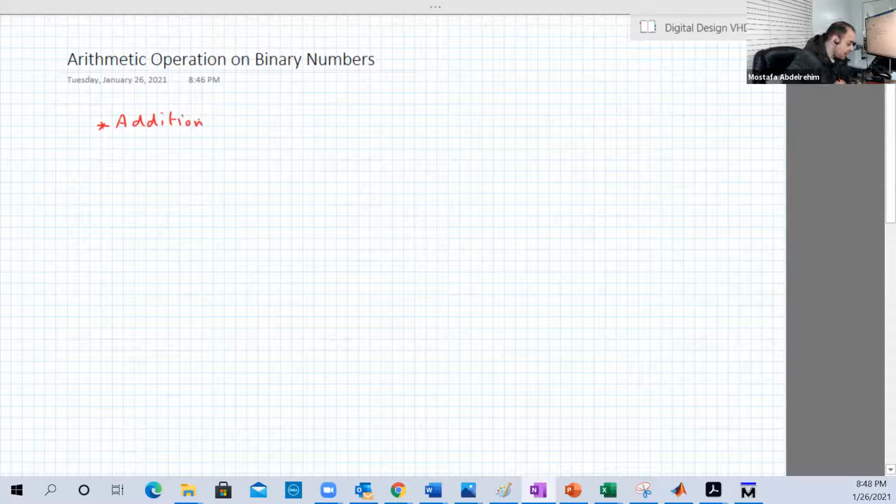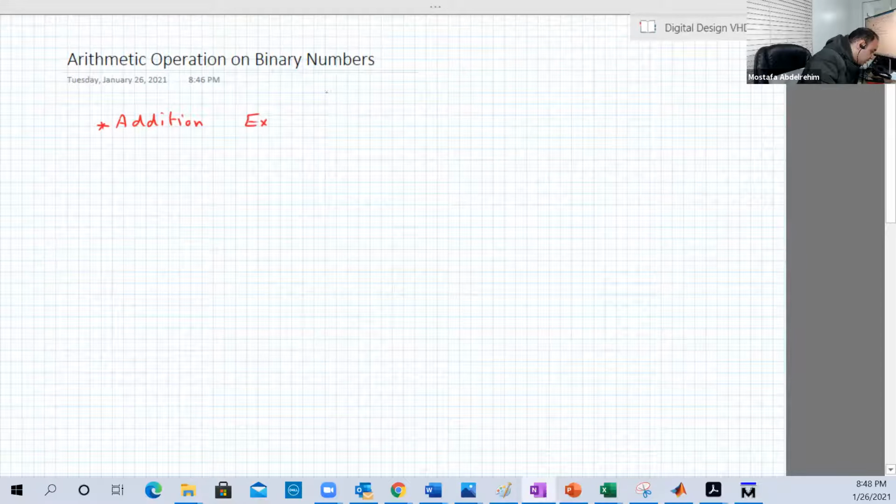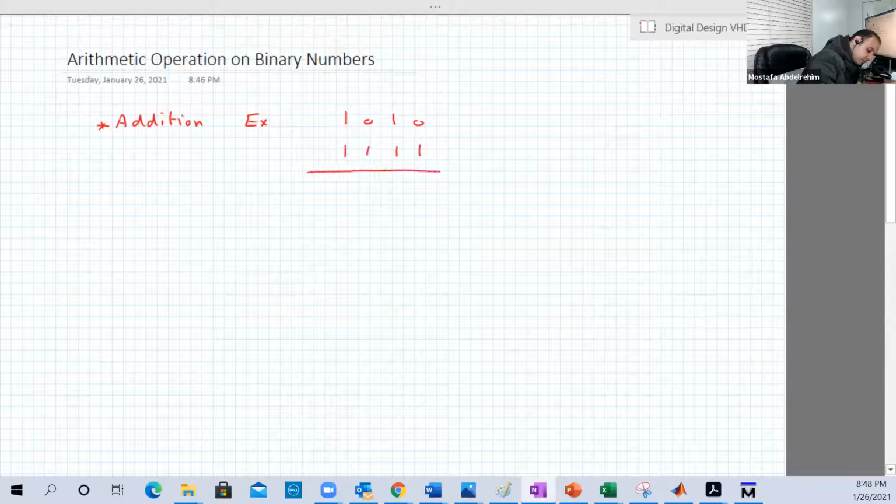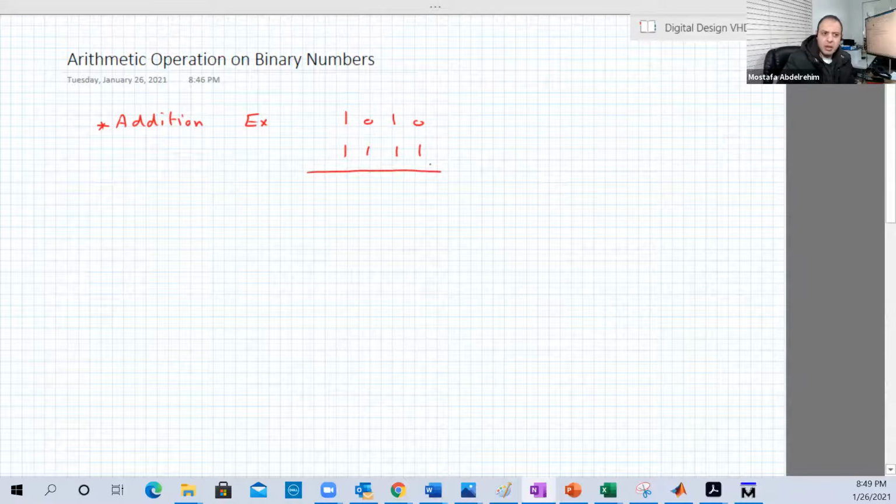Let's have an example of adding 1010 with 1111. Apply what you learned in elementary school exactly, but here we are dealing with zeros and ones.